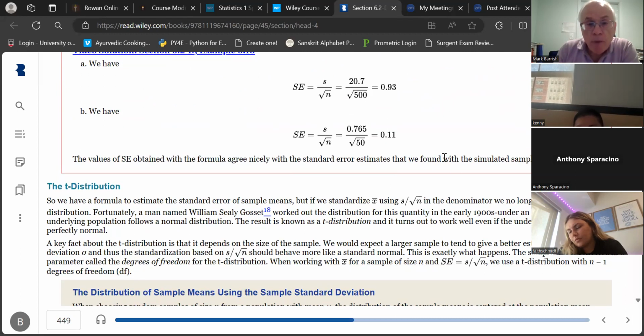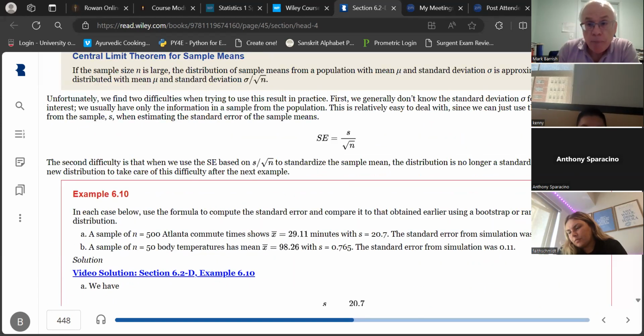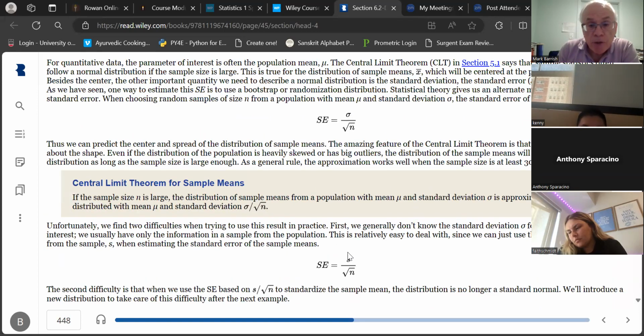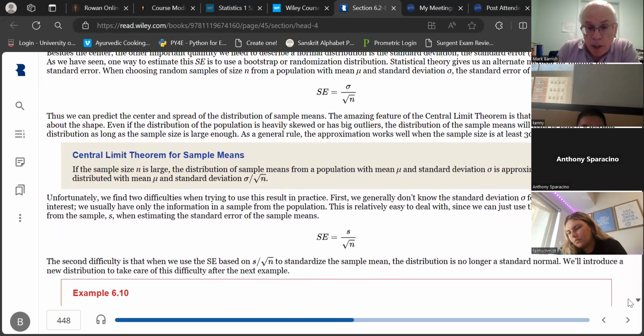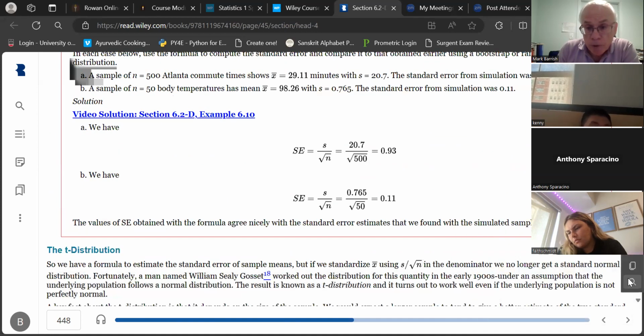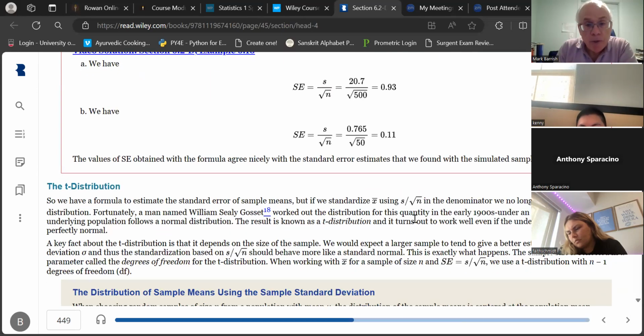Now, when we replace the population standard deviation with the sample standard deviation, we end up with a different type of distribution. It's not a normal distribution anymore, even though it will look normal. It is called a T distribution.